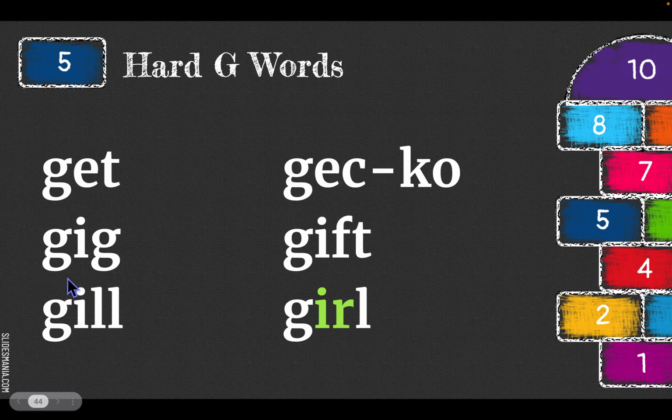Here are some other words where we keep the hard G sound of G, even though it's followed by an I. G, ig, gig. G, ift, gift. G, ill, gill. Remember that IR has the sound of ER. G, irl, girl.